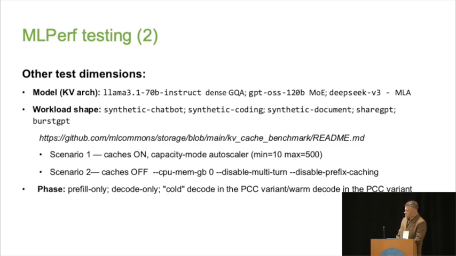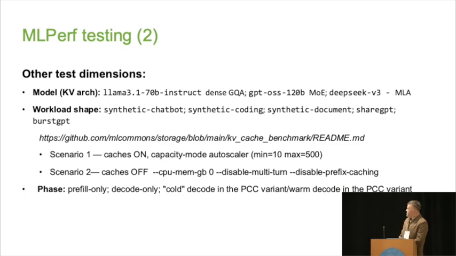I tested under 2 scenarios. The first scenario is bandwidth optimized, and the second scenario is a storage stress scenario with almost no cache hit. I also split all the tests into 2 phases: prefill only and decode only.